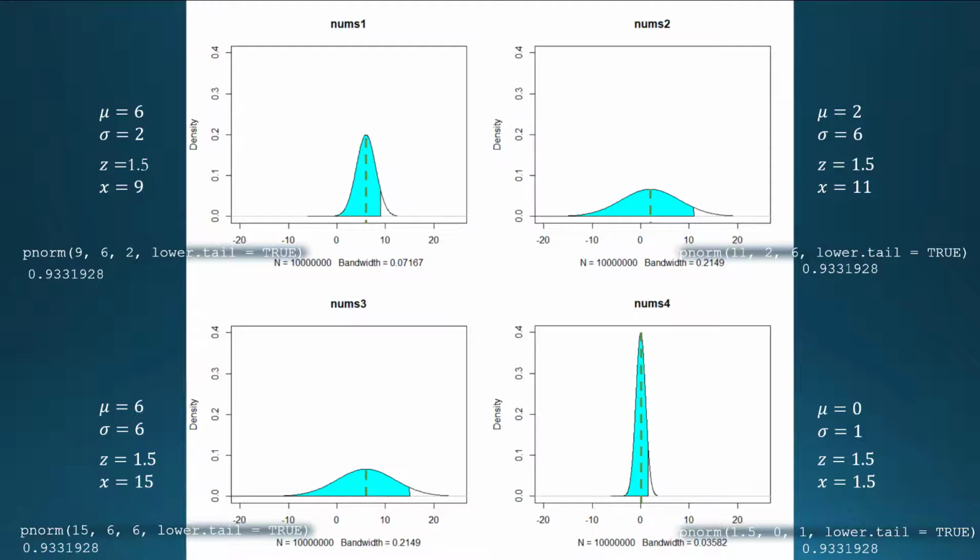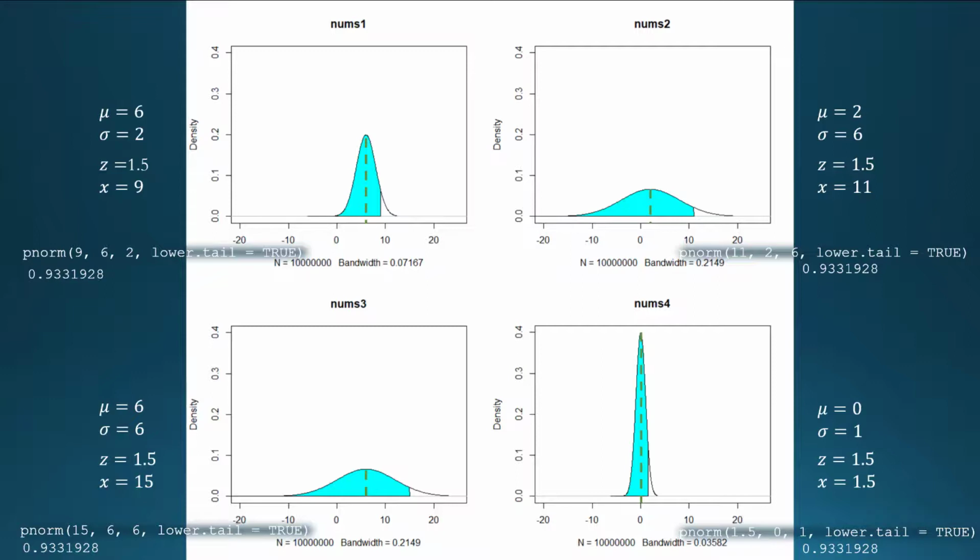Okay, so the z-score is great because it gives us a nice consistent value, but it depends upon what we put in there. So the first value has to be x, and we can use the z-score to help figure out what x is based upon the mean and standard deviation. And then for the last one, if we just use that z-score, we could find out what any of them are based upon the standard normal distribution, hence why it's called standard normal distribution, because we just put in the z-score in there.